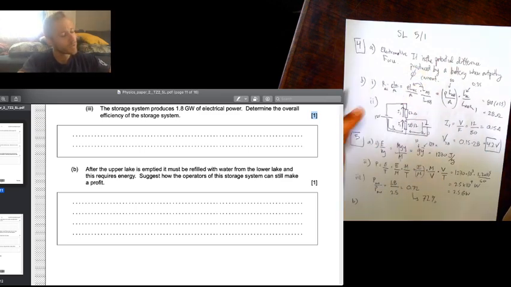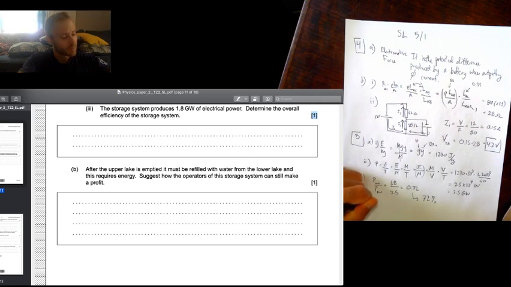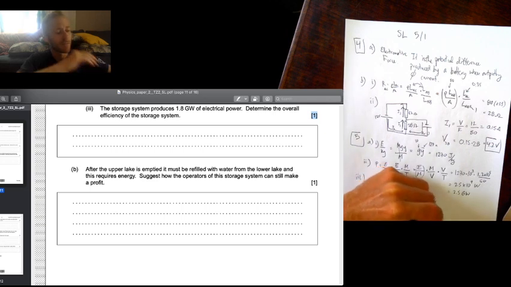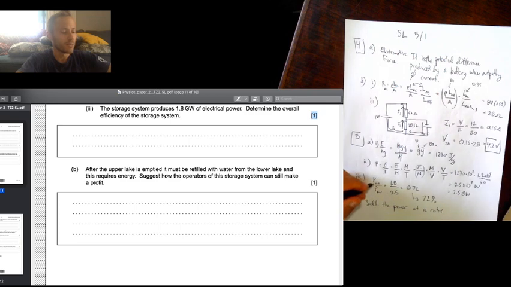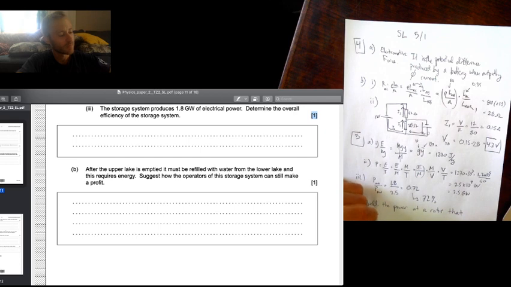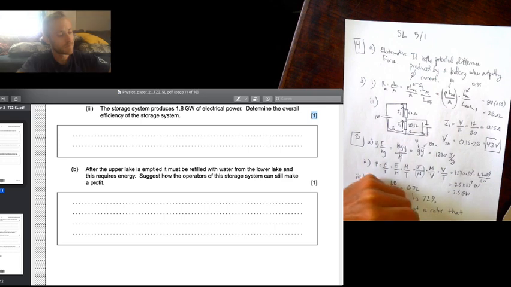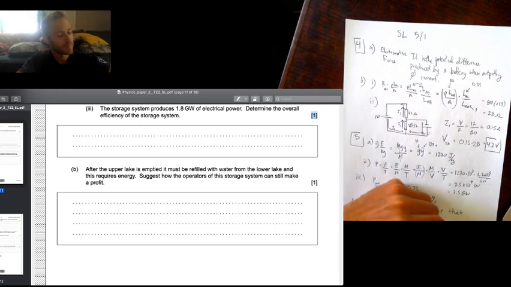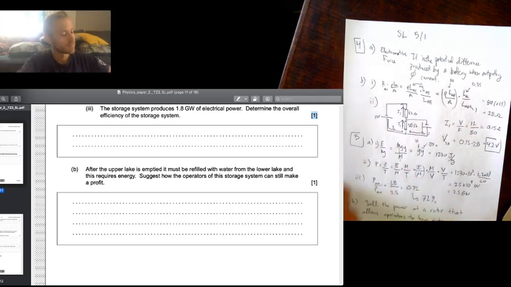I'm going to say you sell the power at a rate that allows the operators to have extra money to pump the water back up.